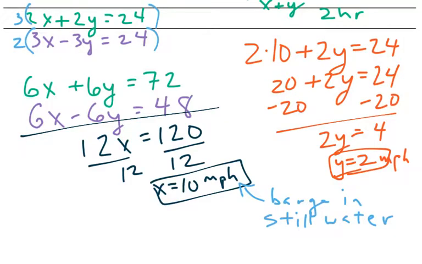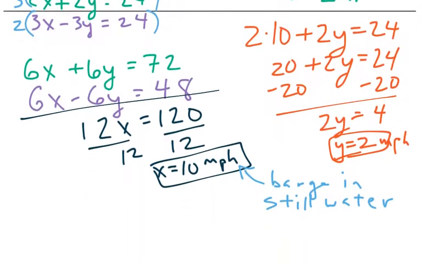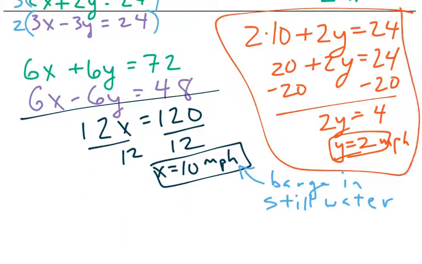Here's the work I did. And technically, you could stop here, because the only thing the question asked you was what was the barge's speed in still water, and you'd want to label that. And the point I'm making is, here's all the directions we were given. So this part in red, although not necessary, I do advise it.